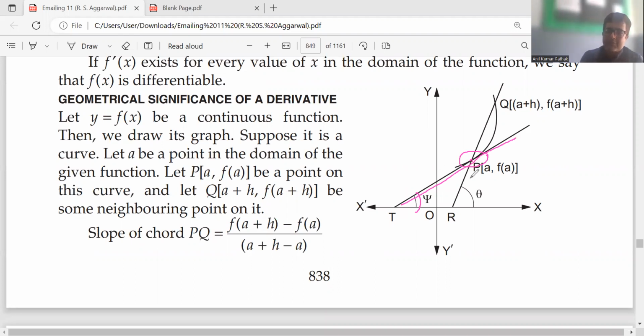So what we have to find is dy by dx for the value of a, and that is called the slope of the function. This is the geometrical significance of the derivative. For any curve at any point, if you draw the tangent, you will get the slope same as dy by dx, or the derivative, at that particular point.